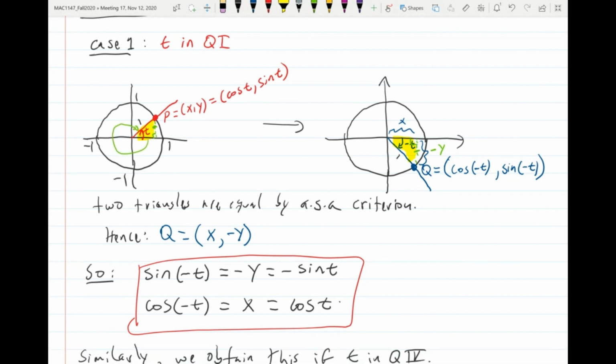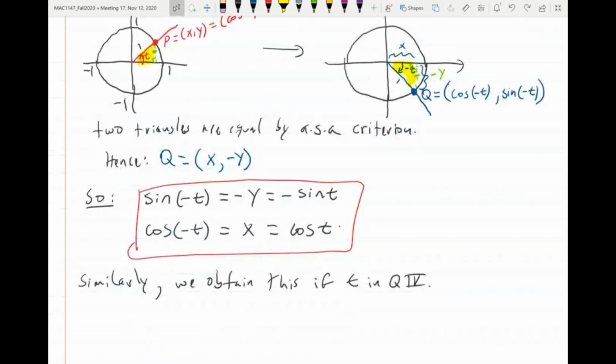But it will be the same picture, and we will have again the equality of the same triangles, so the same result will apply. The coordinates of P and Q will have the same relationship. Do you see that the two cases are similar? So there is no need to argue case 4, quadrant 4, because that's the same as quadrant 1. So in quadrant 1 and quadrant 4, we have this symmetry behavior.